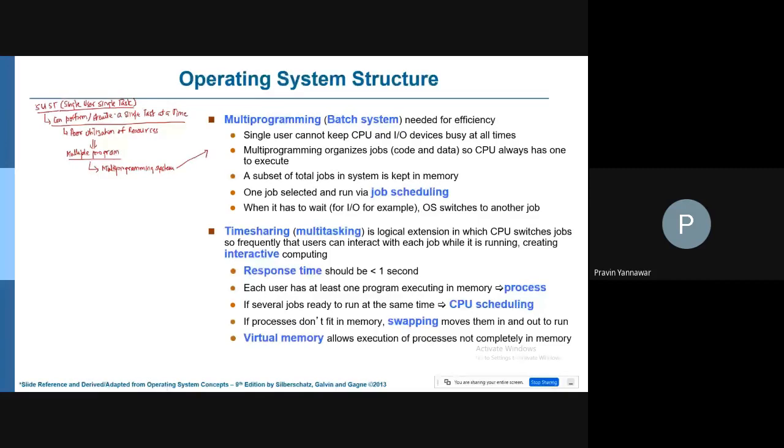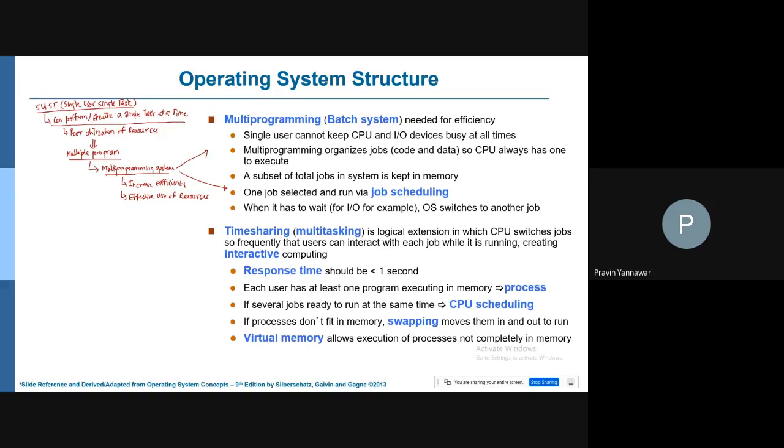In a multi-programming system, the CPU can execute multiple tasks using multiple programs with a job scheduling mechanism. So the efficiency of the system is increased, and you have very effective use of resources.